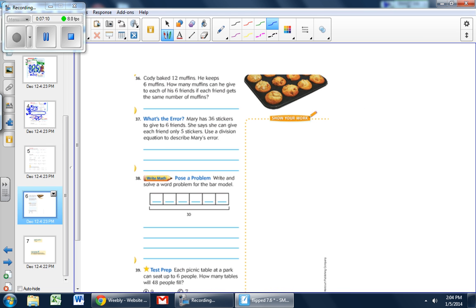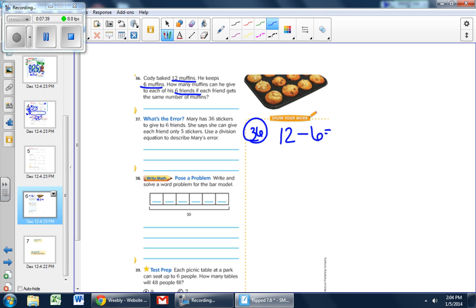Oh my goodness, there's no using a table on the first one. It's because the last lesson I said every one of them starts that way. Looking at number 36, Cody baked 12 muffins. He keeps 6 muffins. How many muffins can he give to each of his 6 friends if they all get the same number of muffins? So, two-step problem. First, he has 12 muffins, but he's going to keep 6 of them.